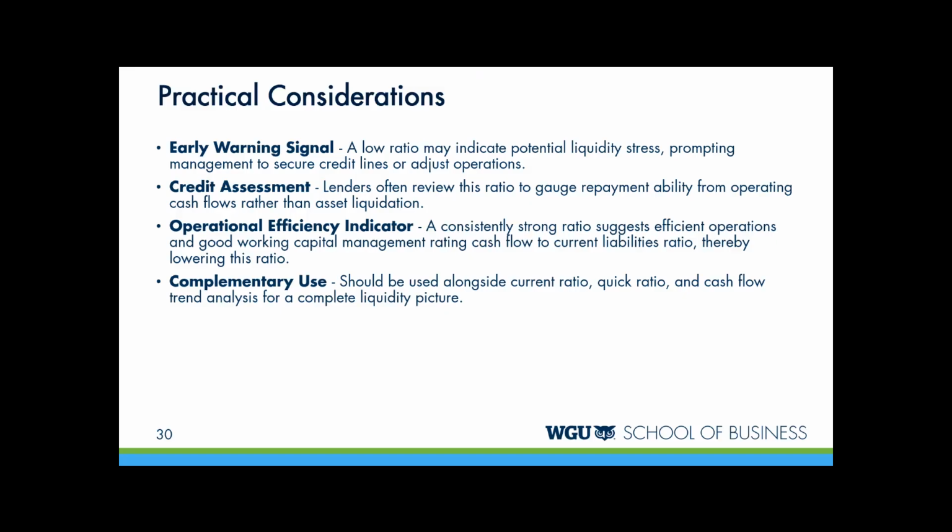Okay, and next, this is a good indicator of operational efficiency. If this ratio is consistently strong, it means that our cash flow from operations is consistently strong, because the biggest component of it is going to be our net income, hopefully. And it typically means we are in either a very solid or growing period of the firm's life cycle.